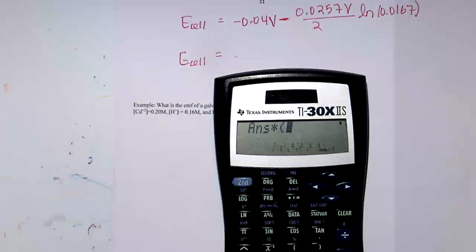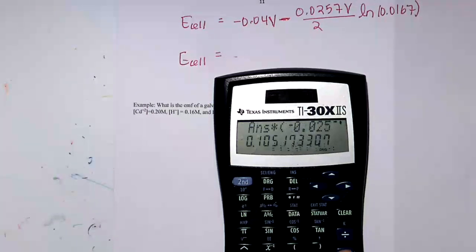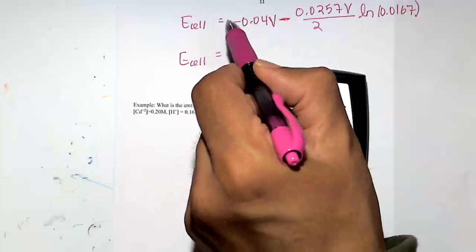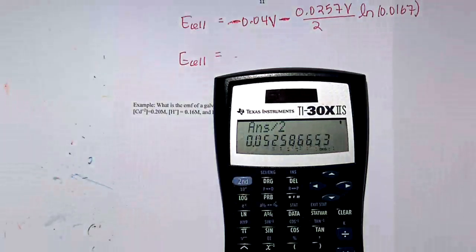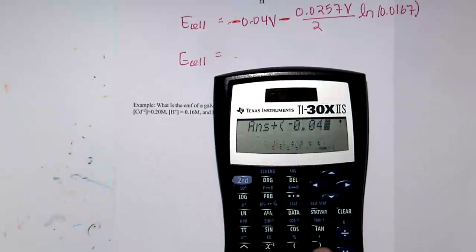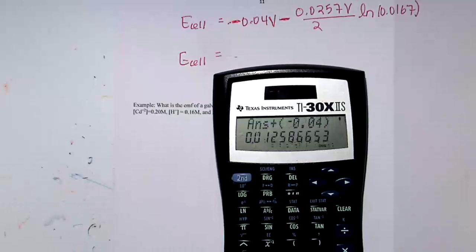So times a minus 0.0257, close the parentheses, divided by 2, plus a minus 0.04. So plus negative 0.04. If I did this correctly, did you guys get 0.0126 volts?